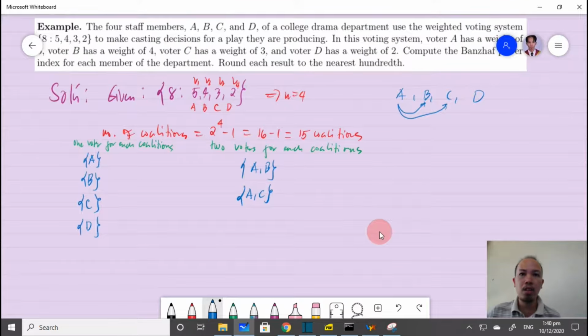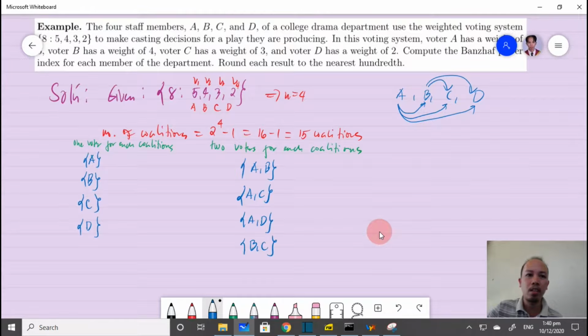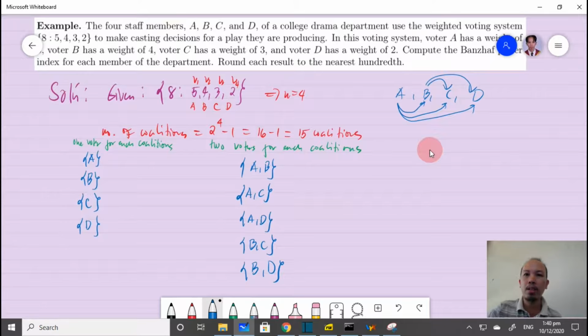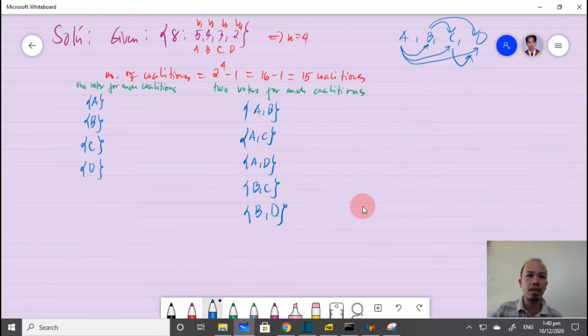Then we have AD, and then BC, and then BD, and lastly we have CD.